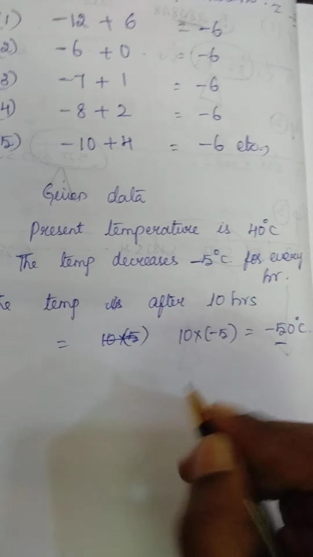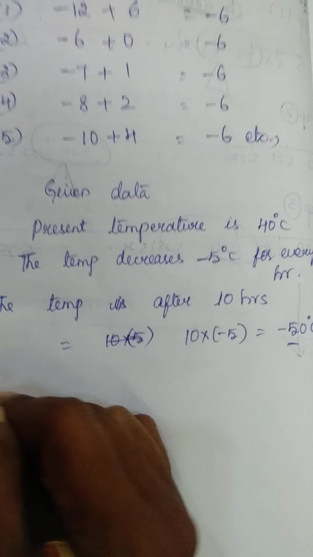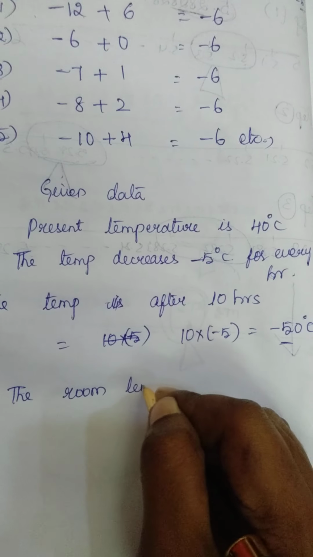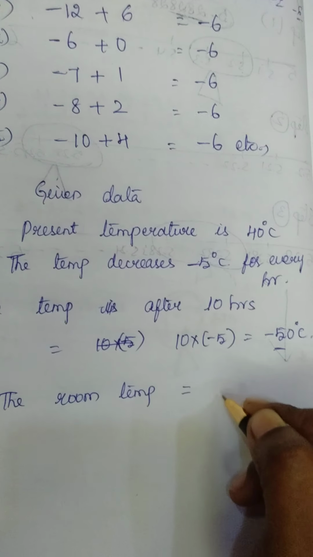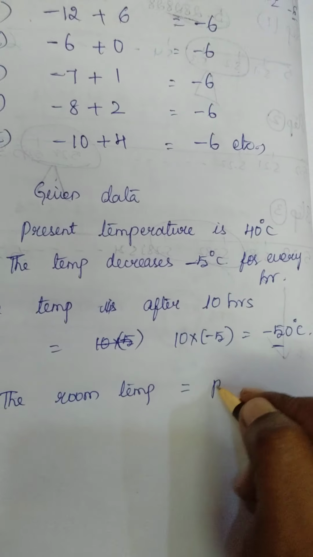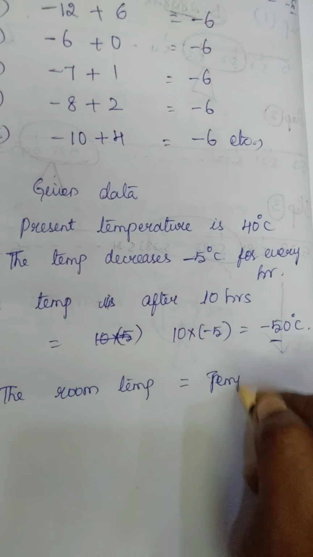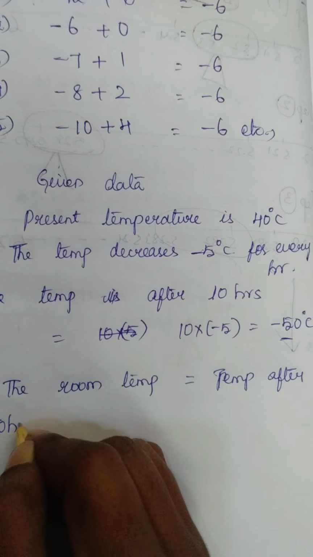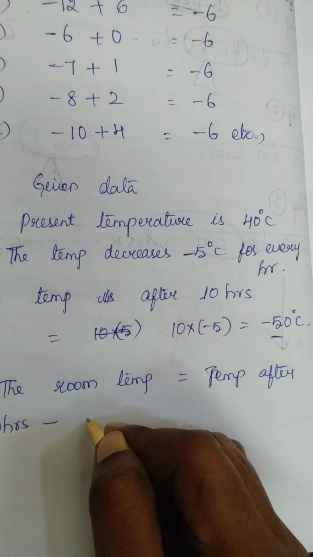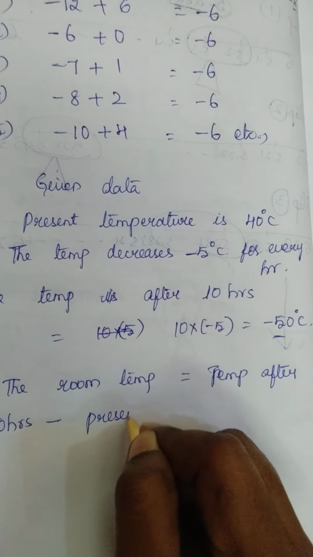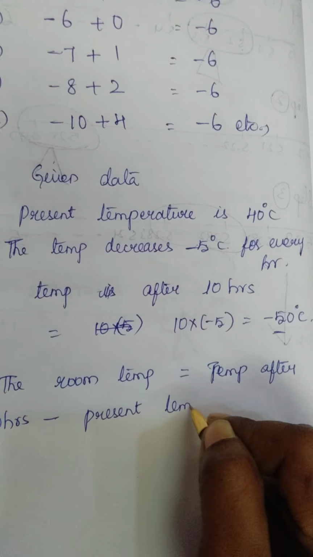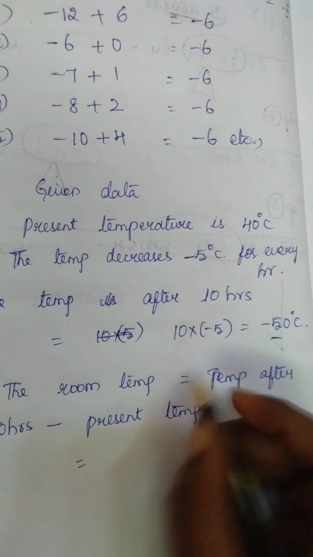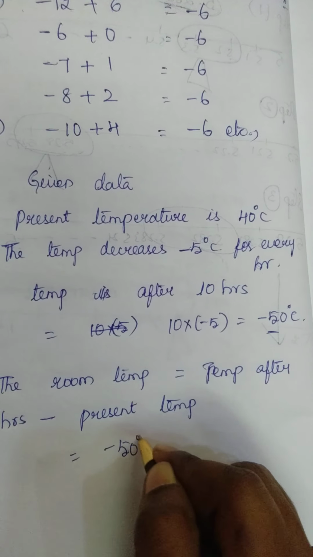Now if you want to get the room temperature, the room temperature is equal to the temperature after 10 hours minus present temperature. If you do this, you will get the answer. Temperature after 10 hours is minus 50 degrees centigrade.